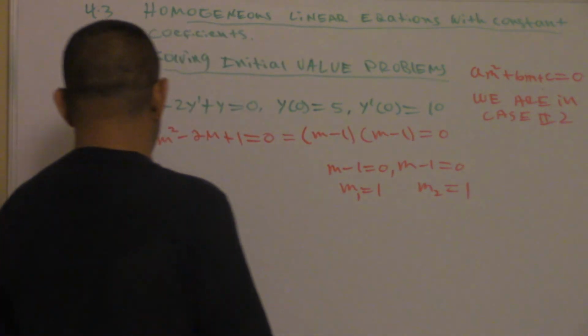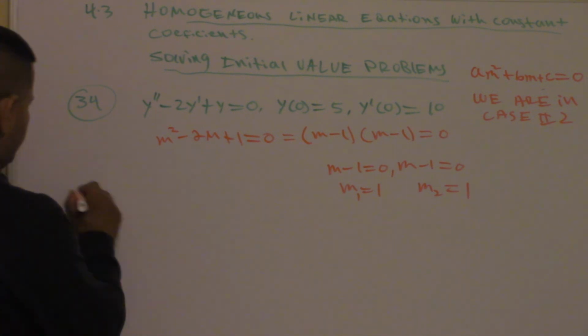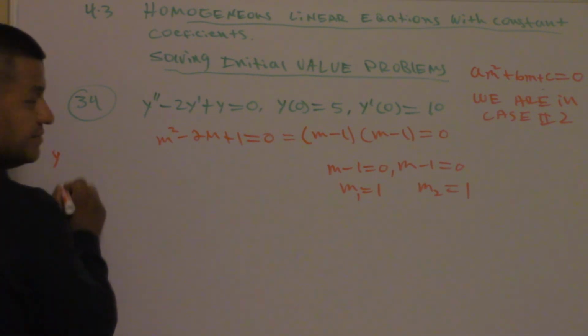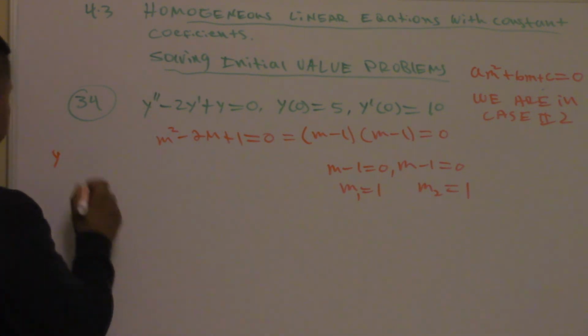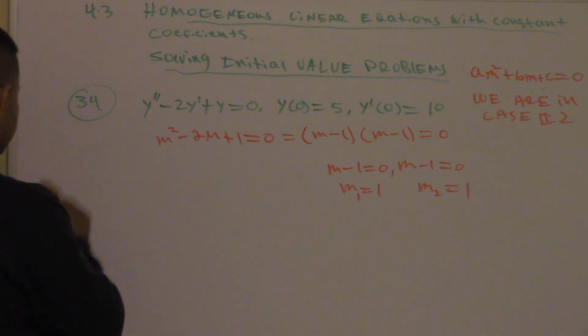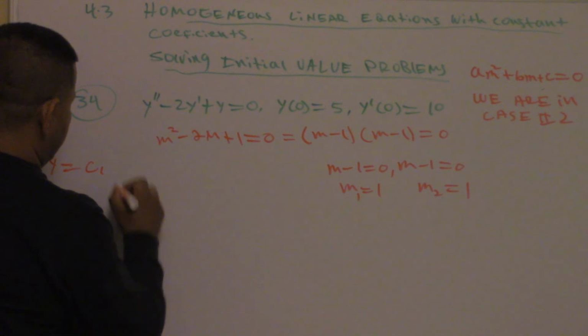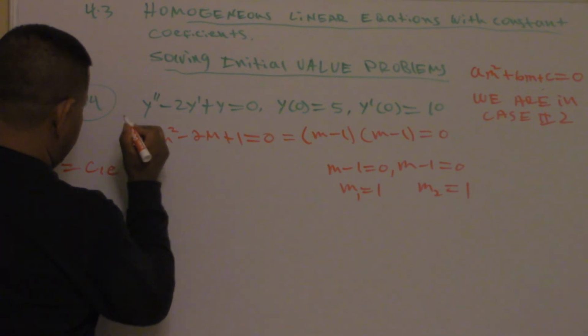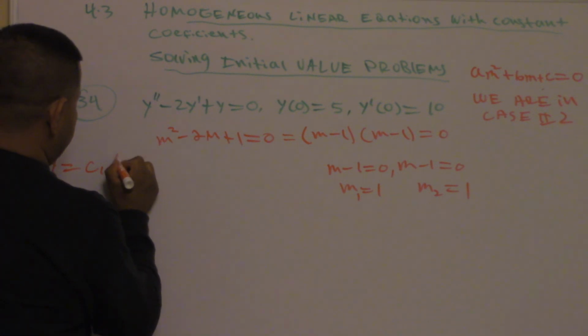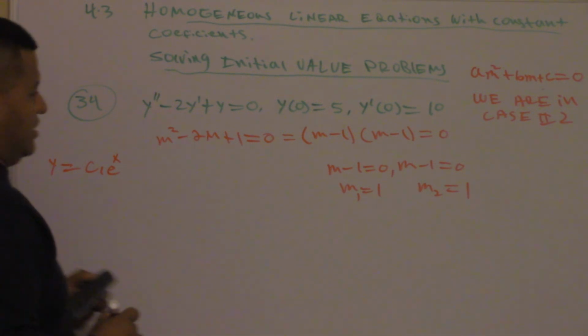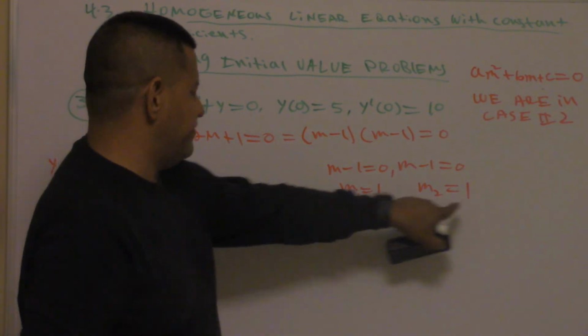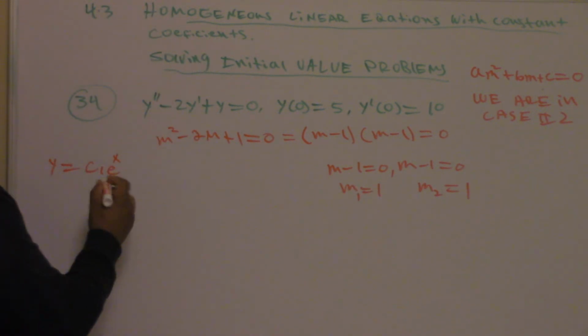In this case, the complementary solution is going to be y equals C1 e to the x, because they are both positive, so I'm just writing x.